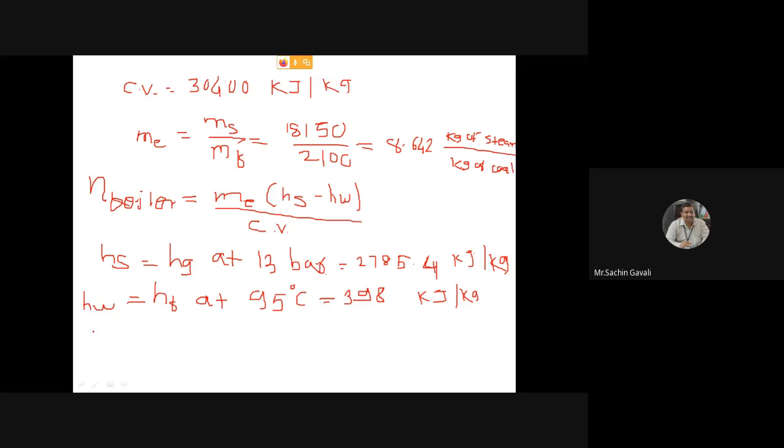Then put the values in this equation and we get the boiler efficiency. ME we know, HS we know, calorific value we know. Put all the values, but take care that the calorific value also needs to be in kilojoule per kg, and HS and HW also have the unit kilojoule per kg.